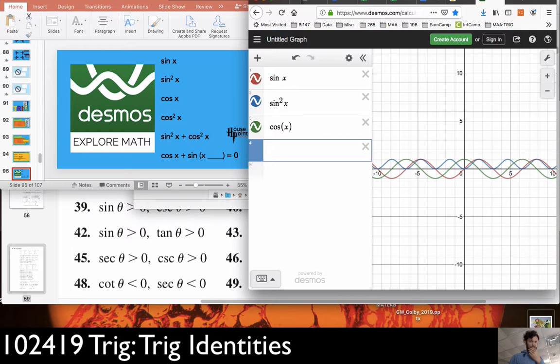So then let's do cosine squared of x. Look at that. Geez, it's starting to look crazy, isn't it?